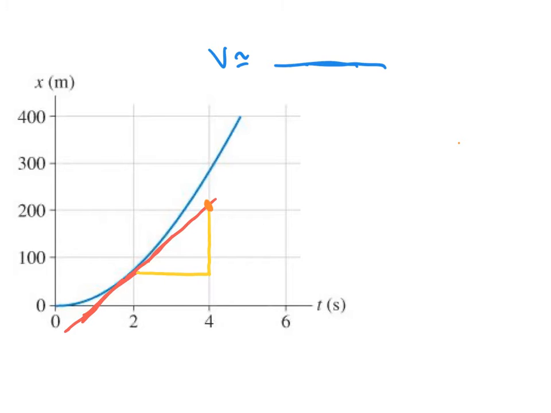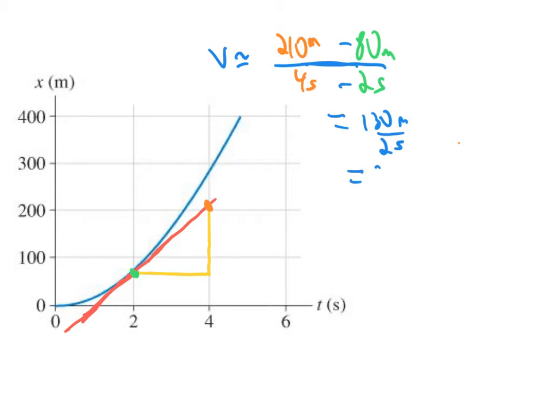That point looks to be maybe 210 meters at 4 seconds. And then the other, I'm going to actually take the intersection because I can do that once. That looks to be maybe 80 meters over 2 seconds. So I have something like 130 meters over 2 seconds, which is like 65 meters per second.